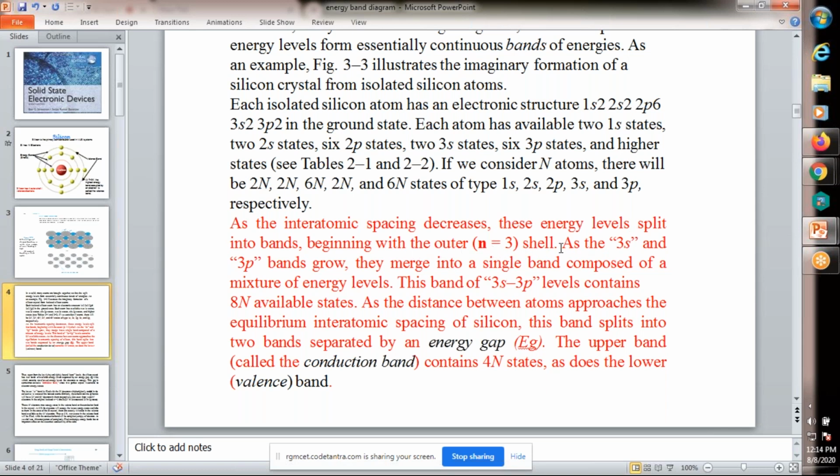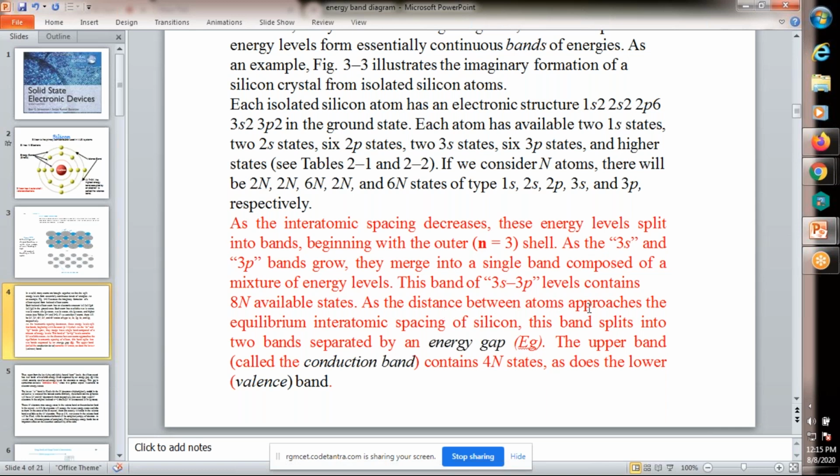Beginning with the outermost shell, as the 3s and 3p bands grow, they merge into a single band composed of a mixture of energy levels. This band of 3s minus 3p levels contains 8n available states. What are the states? 2 3s states and 6 3p states, so the maximum available states are 8n.